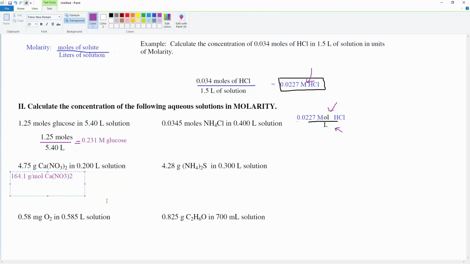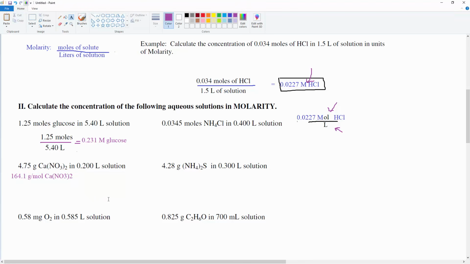Okay. So now what do I do? How am I going to get moles divided by liters? All right, I think Sarah's got a good setup.